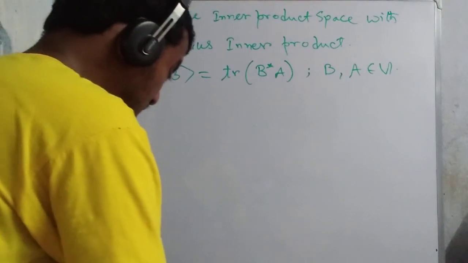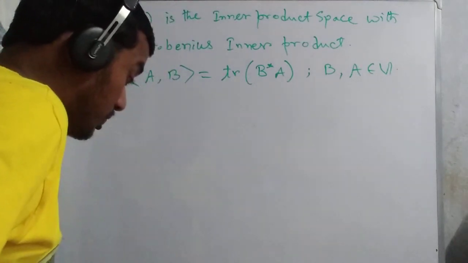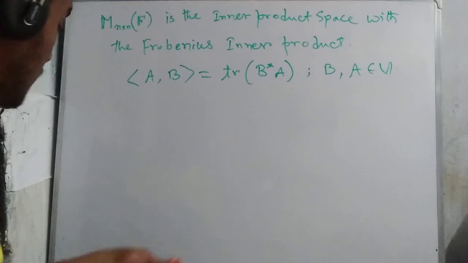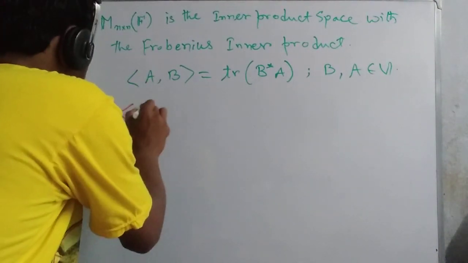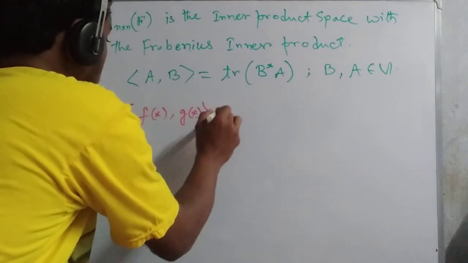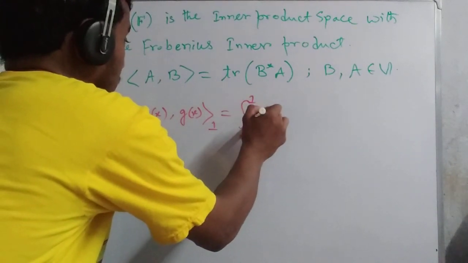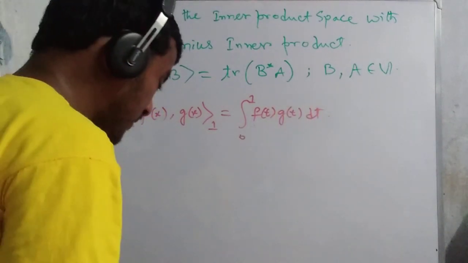Then we also discuss further some inner product spaces. In this way, we discuss one important inner product space here. Here the inner product of f(x), g(x) of 1 equals the integral from 0 to 1 of f(t)g(t) dt.